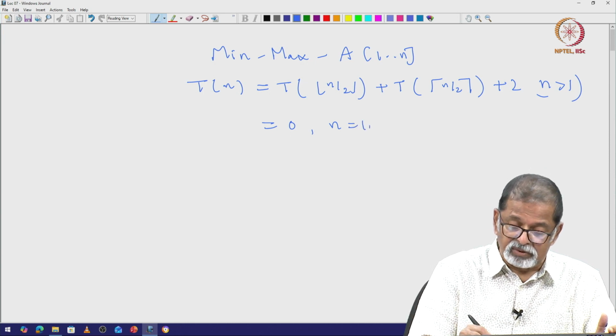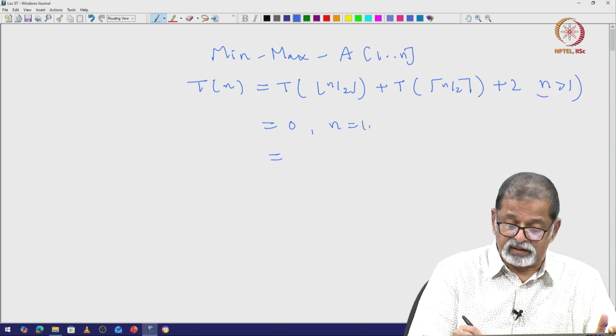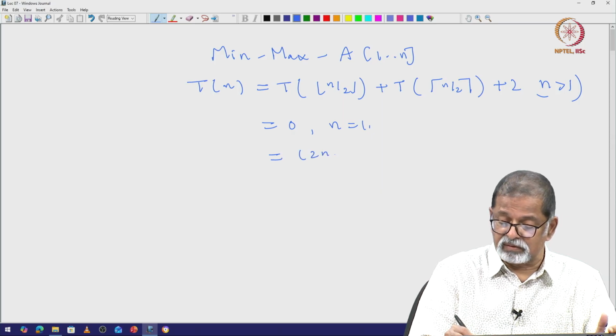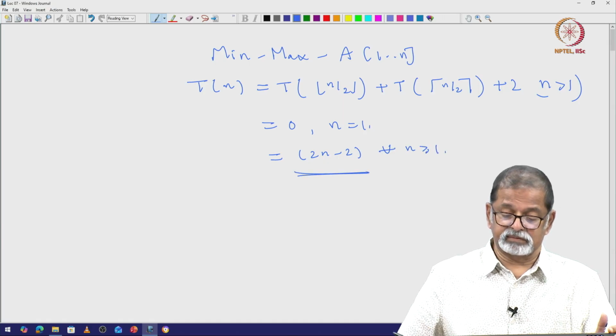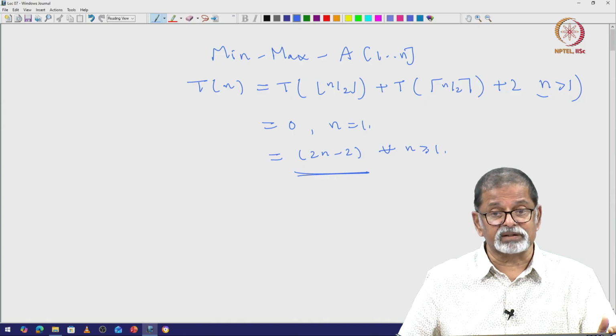And this had a solution: T of n is 2n minus 2 for all n greater than or equal to 1. This is a solution of the recurrence equation.